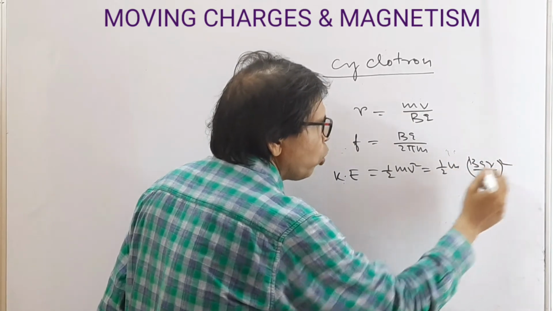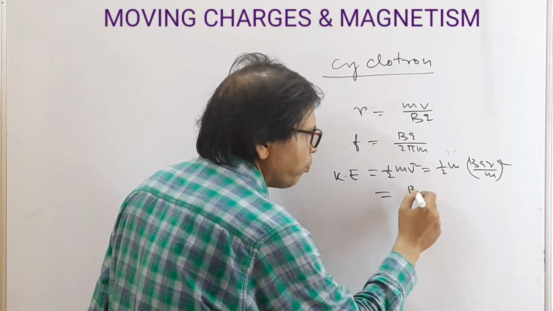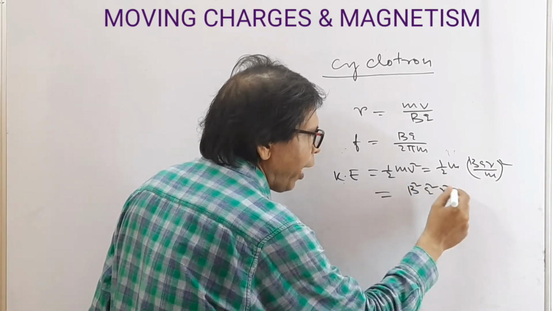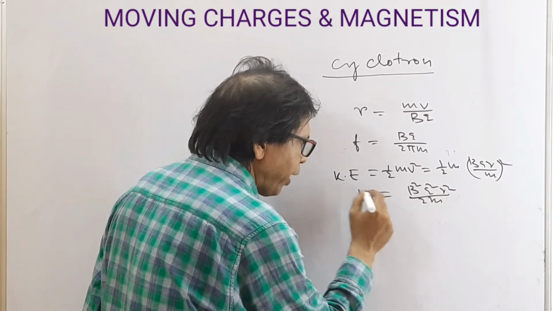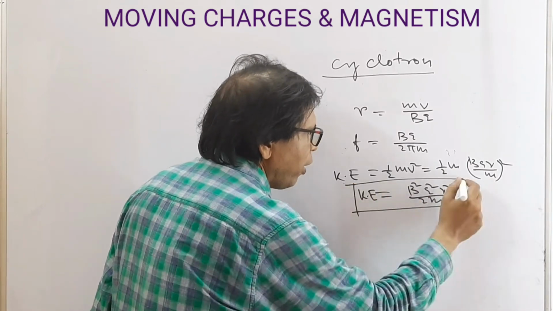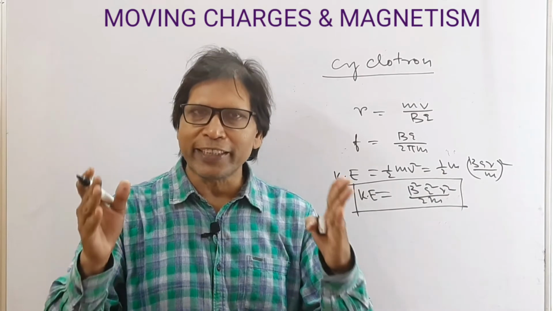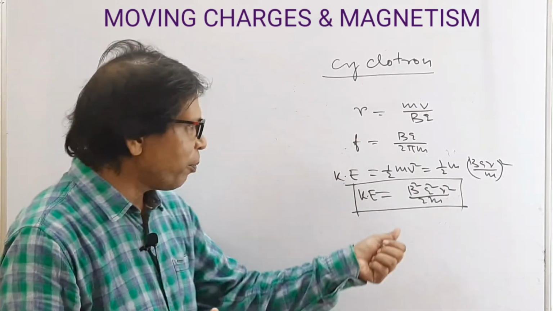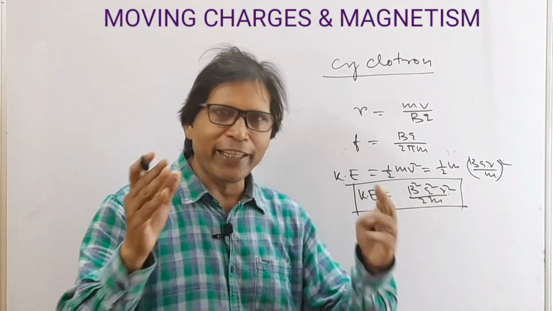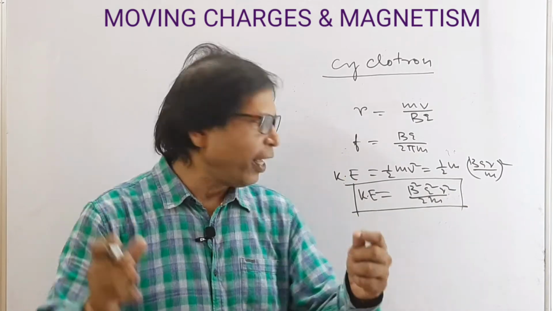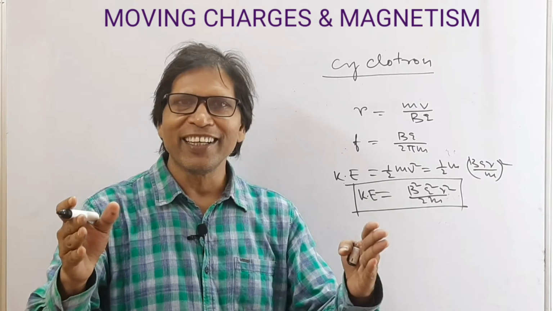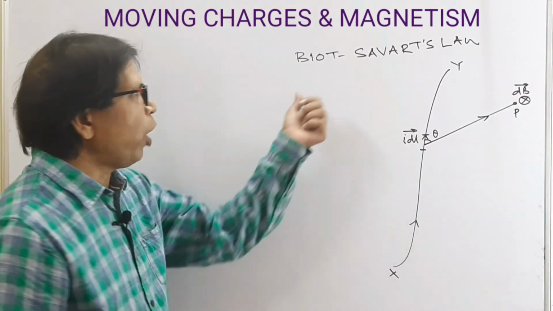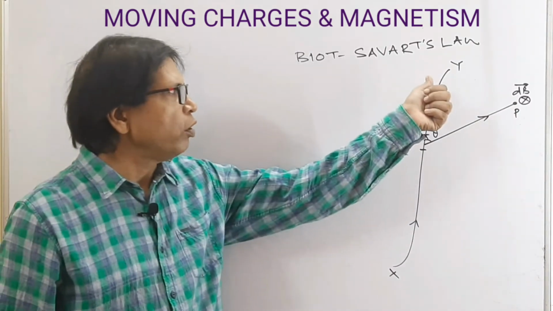So this is B squared q squared R squared by 2m, the kinetic energy of the charged particle. So the kinetic energy of a charged particle increases by increasing the radius of the cyclotron and the strength of the magnetic field.